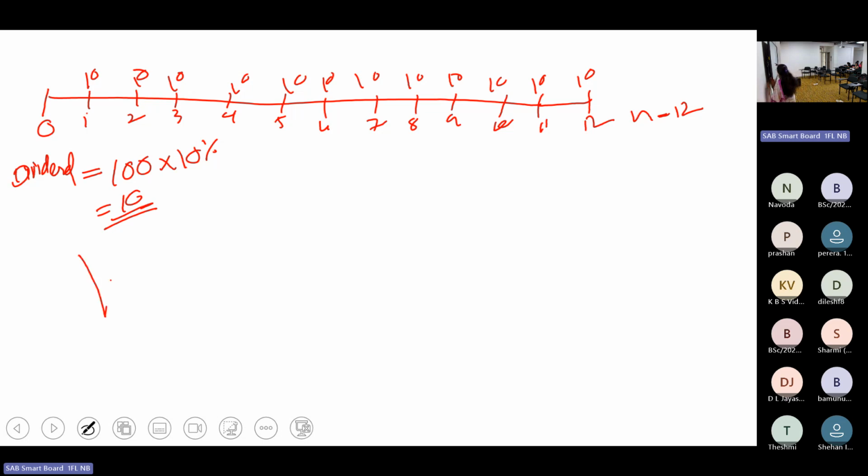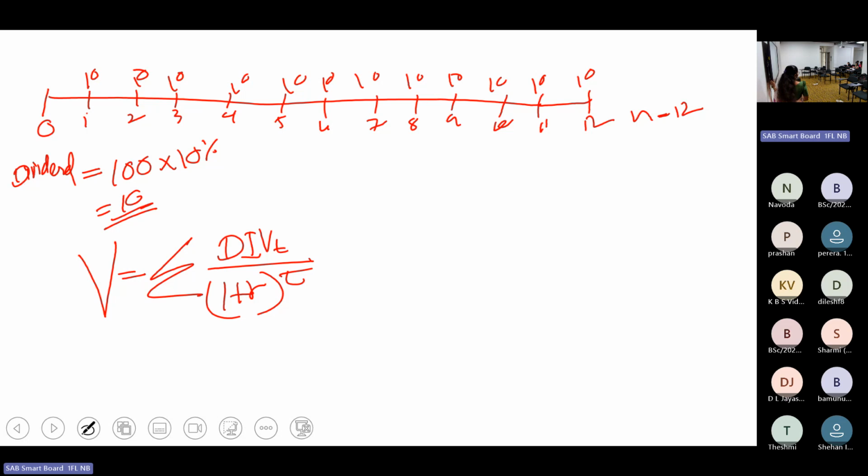Therefore, value of the preference share equals the sum of dividends during the T number of periods divided by 1 plus R to the power T. Right? How can you calculate this part? It becomes an annuity, the same amount during 12 years. So dividend multiplied by the annuity factor.